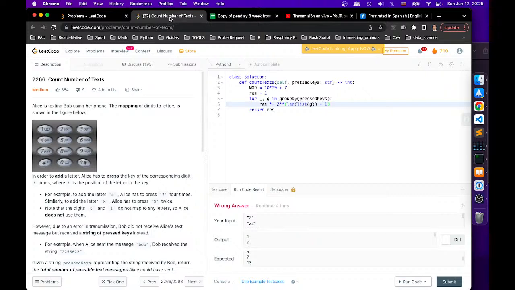Position-wise, I have 5 locations where we can put a separator. So the question is, how many different ways can we put a separator?